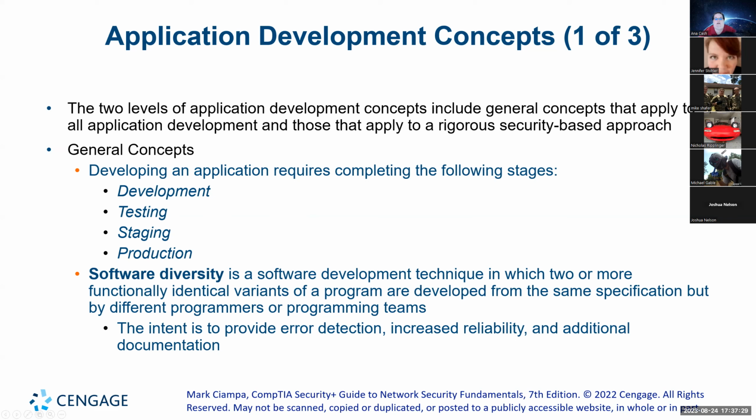Software diversity is a software development technique in which two or more functionally identical variants of a program are developed from the same specification, but by different programmers or programming teams. The intent is to provide error detection, increased reliability, and additional documentation.